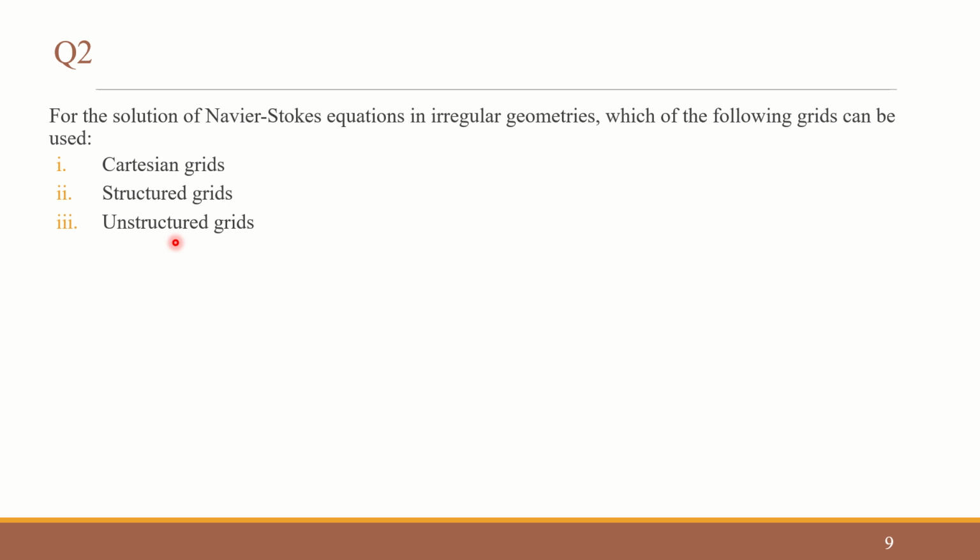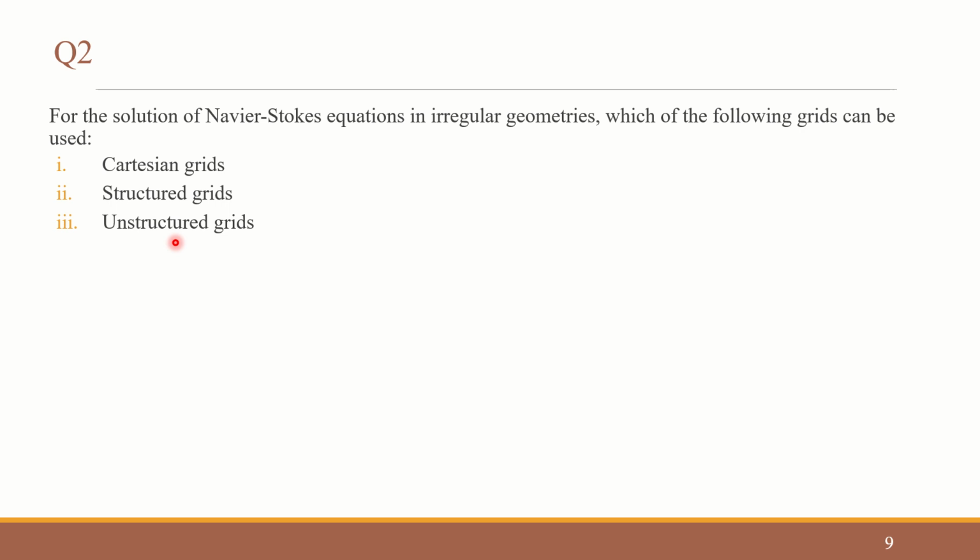It is not always impossible, but you need to have a lot of practice to get it done. So that is the problem with structured grids. Whereas in unstructured grids, you can get it easily for irregular geometries. So 2 and 3 are possible.